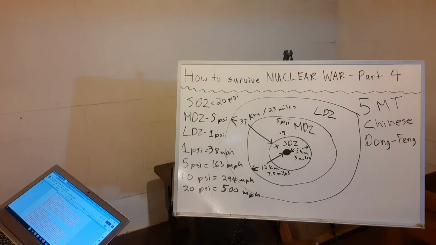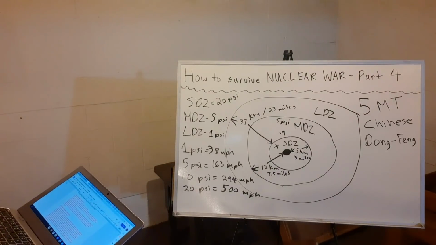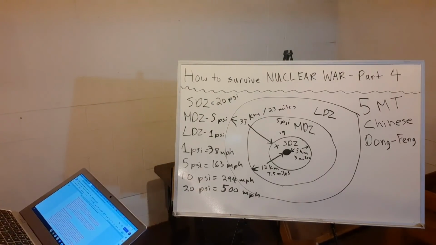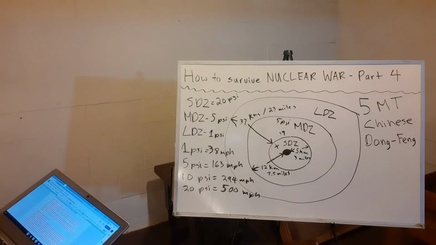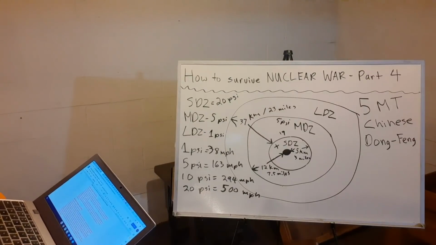The severe damage zone is going to look like the Twin Towers, but all the buildings within the severe damage zone are going to look like the Twin Towers. They're going to be completely destroyed, okay? That's why it's called severe damage zone.